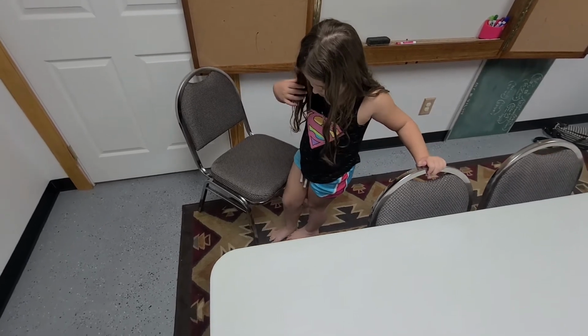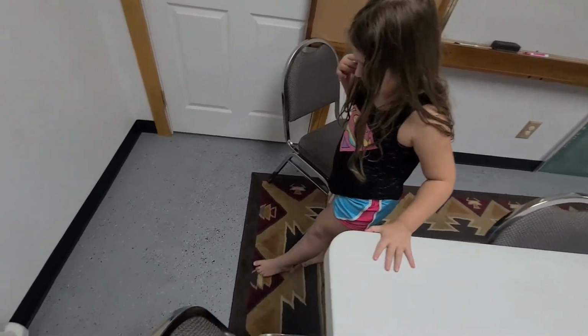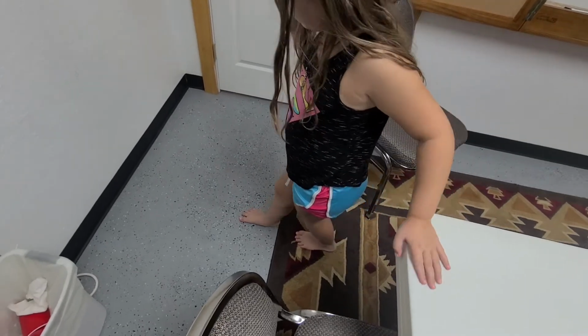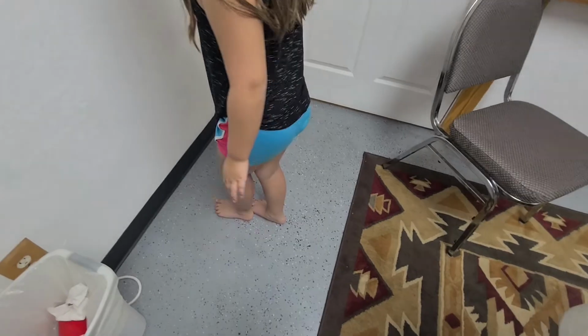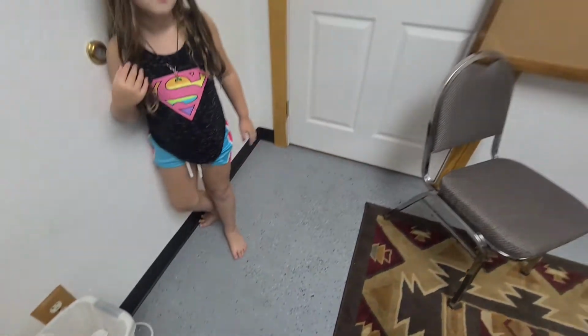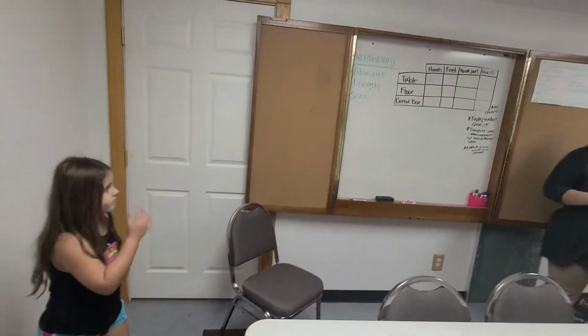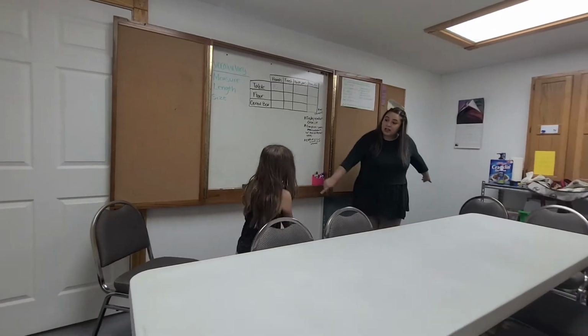Go around the chair. 17, 18, 19, 20, 21, 22, 23. So when you walked from this wall to that wall, you measured the length of the floor.